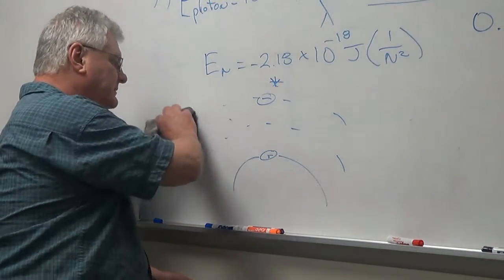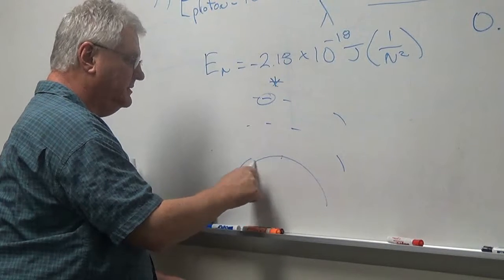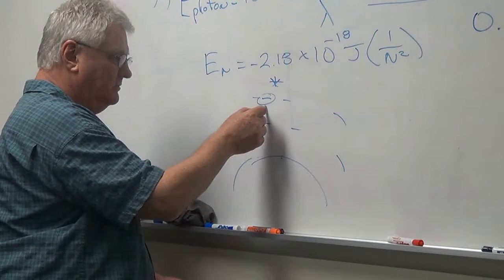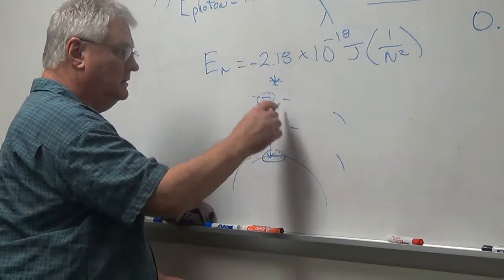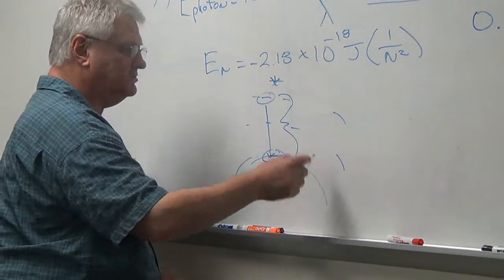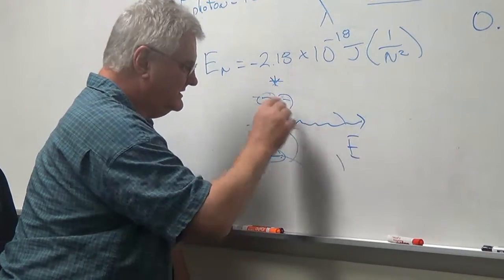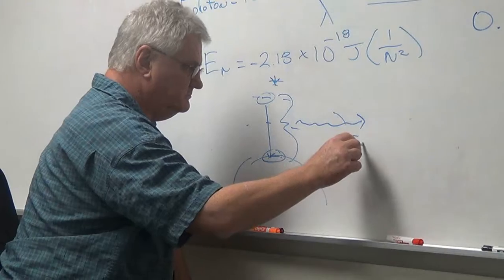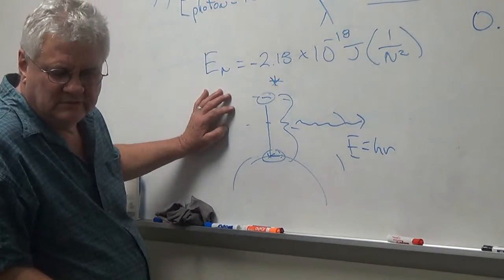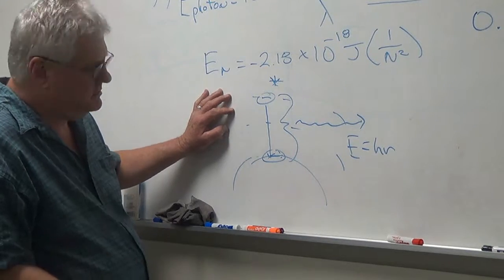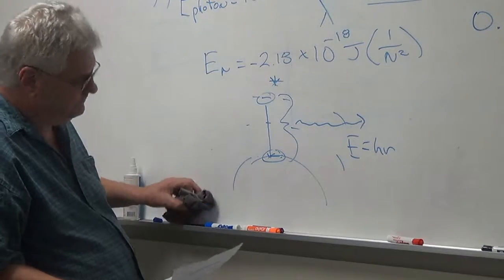On the other hand, if an electron's in an excited state to begin with, and it returns to a lower energy level, well, now it's going to give off a photon that's equal to this change in energy. So the first example, it was absorbance of a photon. The second example is it's emitting a photon.